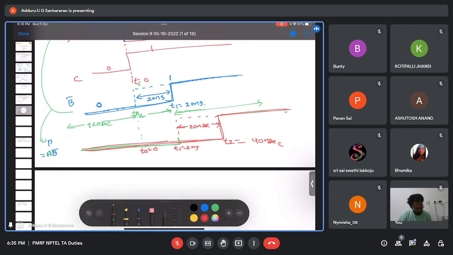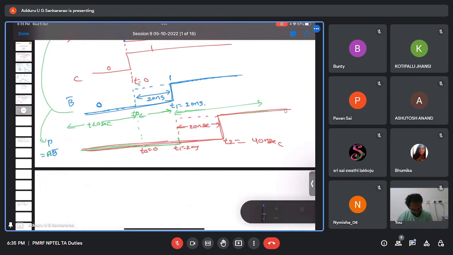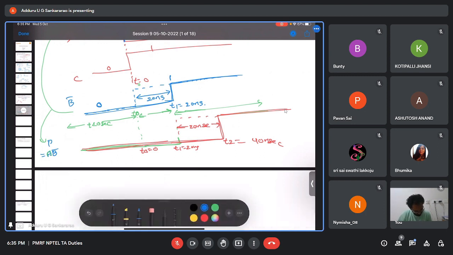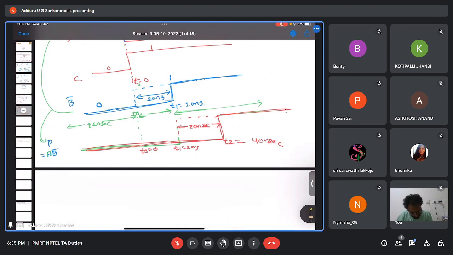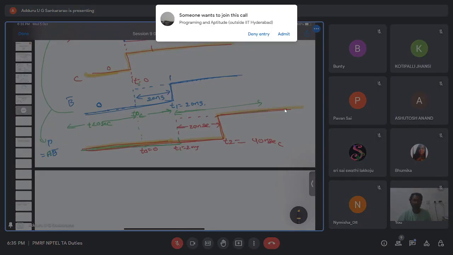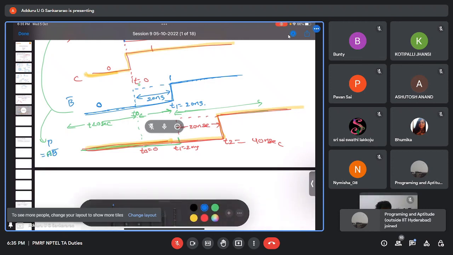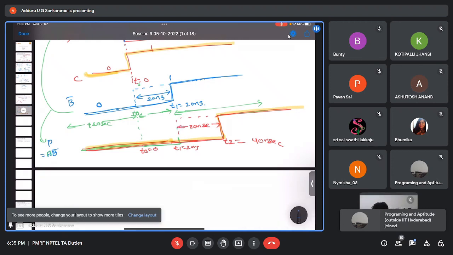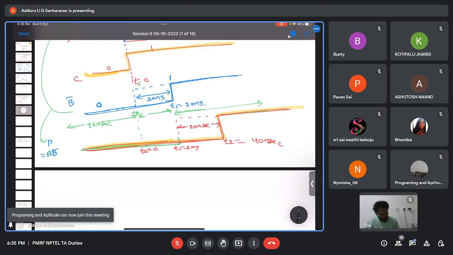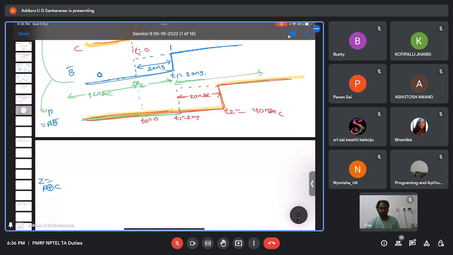I'm just drawing again C and P. This is C and this is P. Now the final output is Z. Z is what? P XOR C.